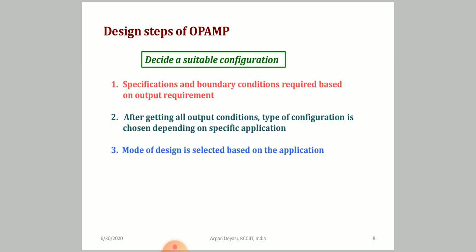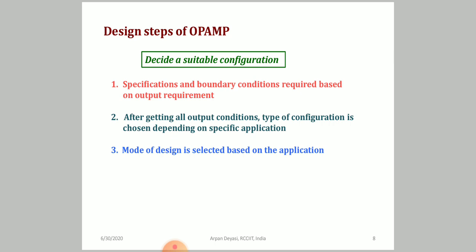Then once you get that, you have to choose the type of configuration, whether it is telescopic or folded cascode. Normally these two types of configurations are chosen for a double stage or a single stage op-amp. If voltage to current and current to voltage conversion is required in an intermediate stage, you will go for folded cascode. Otherwise, you will choose the telescopic configuration. They have their own advantages and disadvantages.